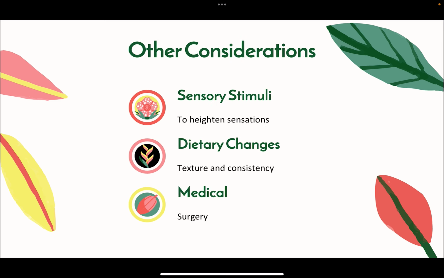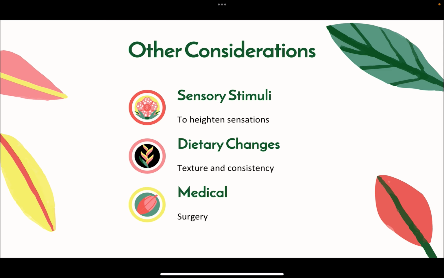So there's other things that we need to take into consideration. Some of our clients might need some sensory stimuli because they just don't have that sensation, and so we might need to encourage that. And then many of our patients actually have some sort of dietary change that's happening. Whether they're going on purees or chopped or a liquid, all sorts of things can be going on.